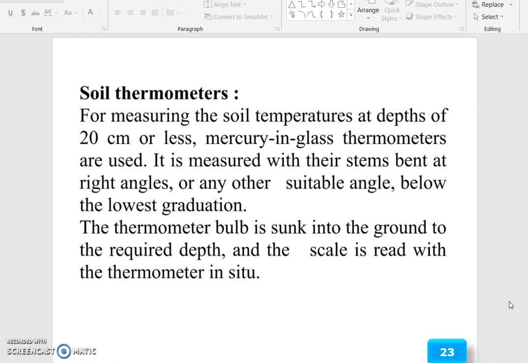Mercury in glass thermometers are used. It is made with their stem bent at right angles or any other suitable angle below the lowest graduation. The thermometer bulb is sunk into the ground to the required depth and the scale is read.